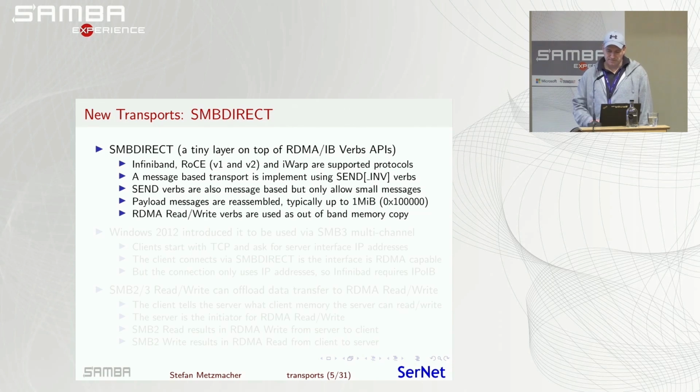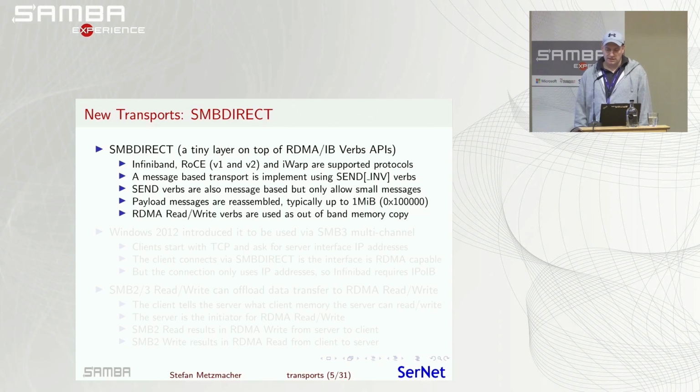So it basically has a very similar transport for the normal SMB packets. It just allows payloads up to 1 megabyte, so a little bit less than what we have for TCP, where we have 16 megabytes.